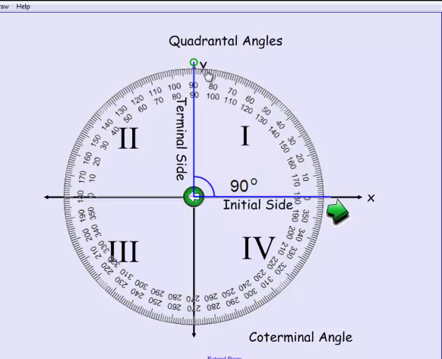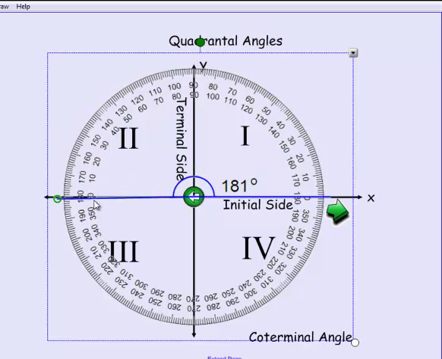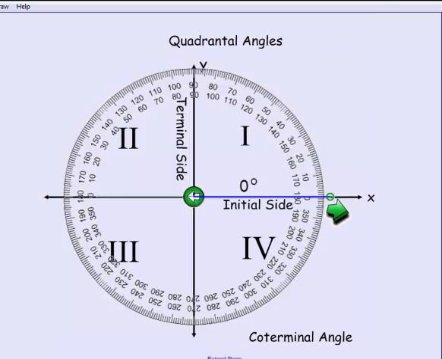So we have 90, 180, 270, 360, if I can get it. So those are your quadrantal angles. 0, 90, 180, 270, 360, and any multiple of 90.